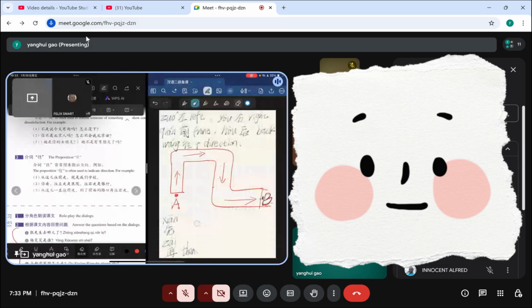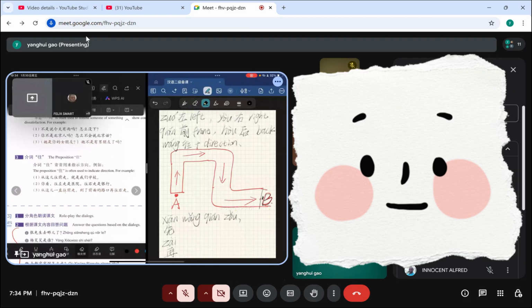The first step is 先, first go straight. That's 先往前走. Good. 先往前走. Okay, and next step.